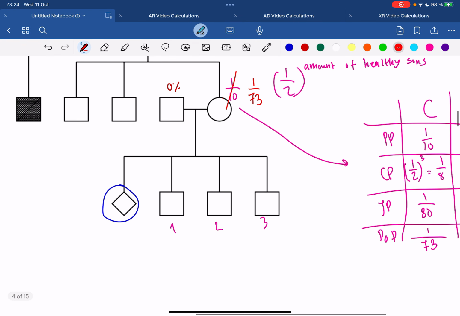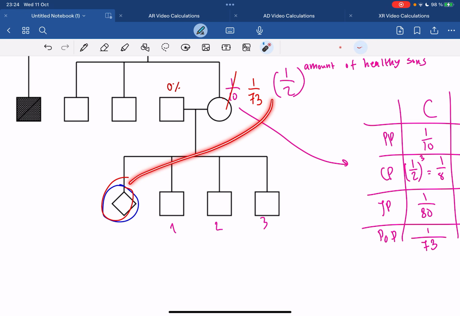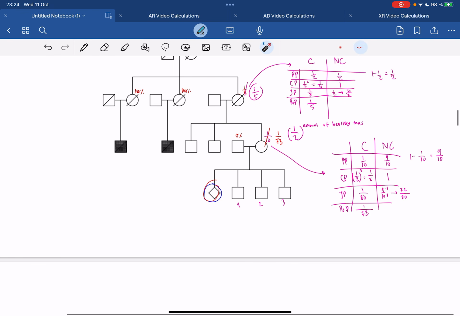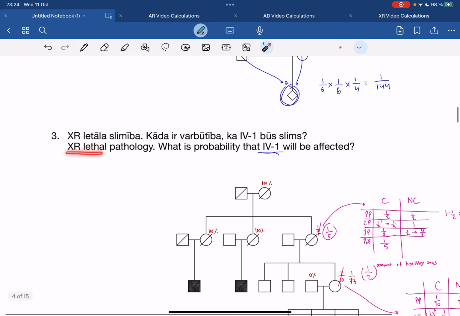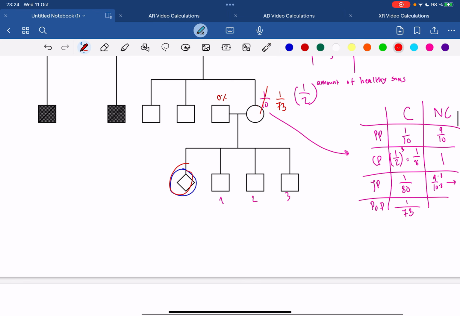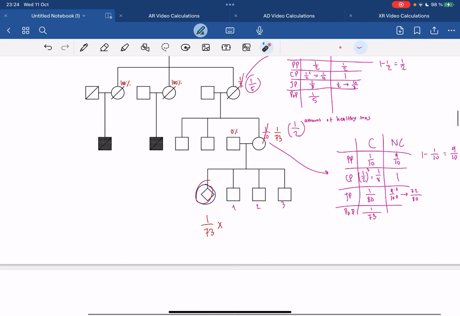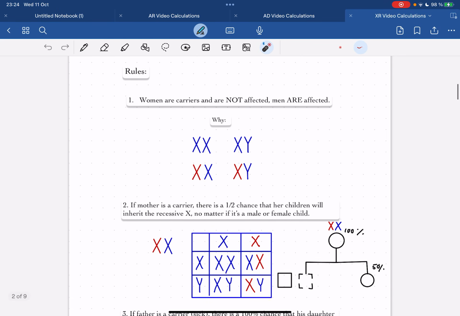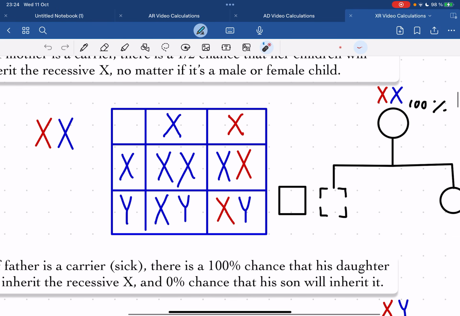And now, finally, we can do the final calculation for this kid right here, because we know what the mom has, and it's enough to only know the mom's probability of being a carrier for XR pathologies. So we take 1/73 times this child's probability to be affected. And what is that exactly? Well, if we remember, the child's probability to be affected has to rely on the fact that he would only have 1 X to rely on. So in this case, it would be this, because this is the female carrier type, and she has this healthy X to rely on, so it doesn't matter if she has this sick one.